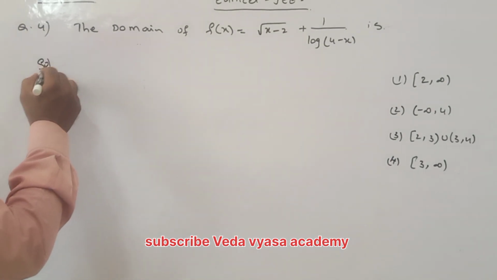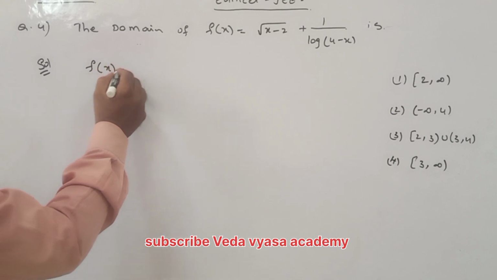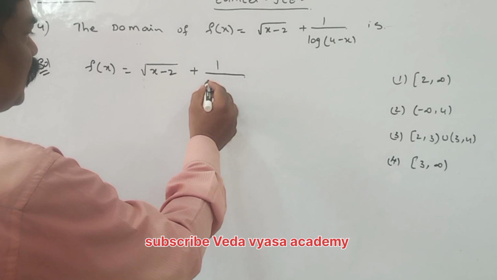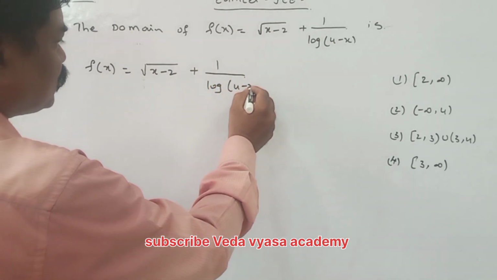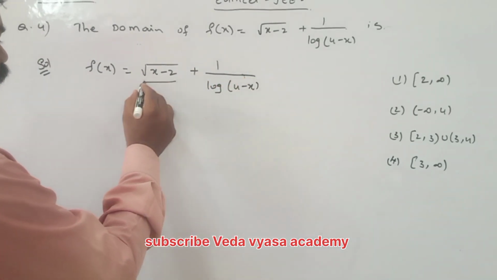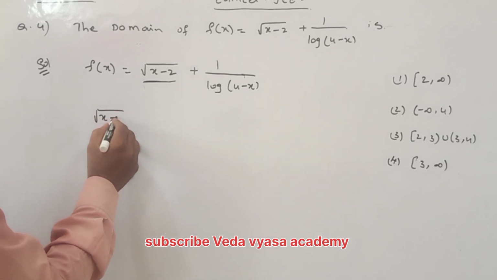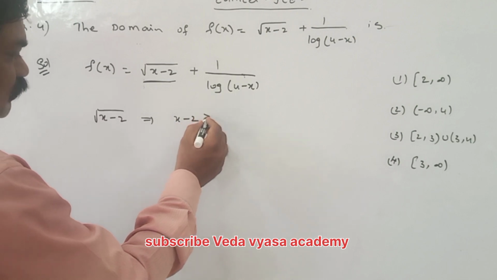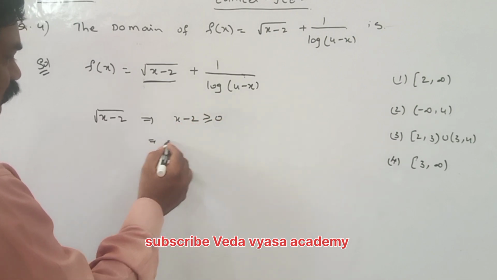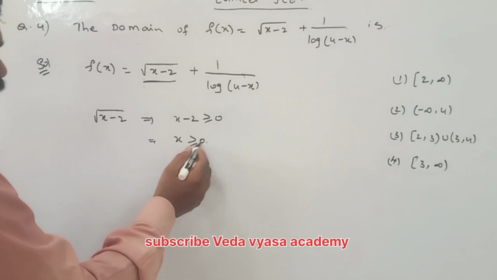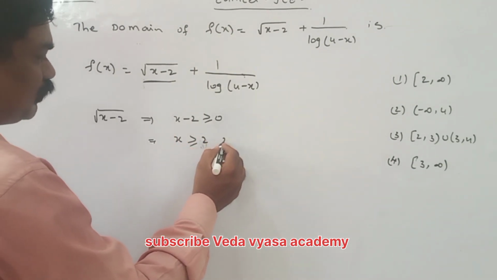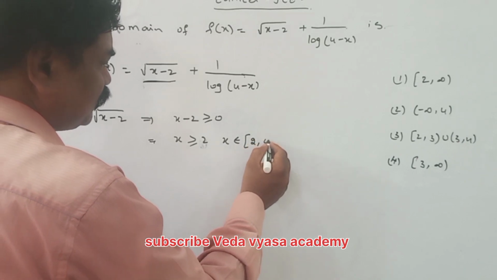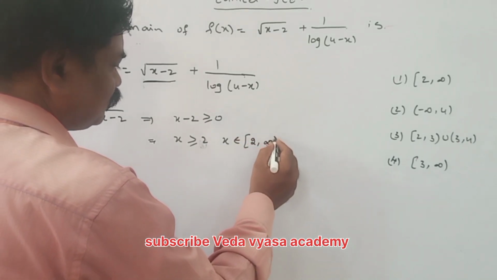For root over x minus 2, the domain requires x minus 2 greater than or equal to 0, so x is greater than or equal to 2.